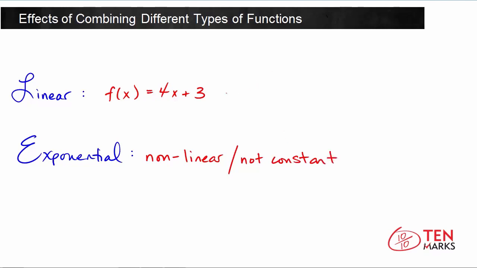Whereas with the linear equation, you have a constant rate of change. And when I write constant or not constant, it's with respect to the rate of change. So an example of an exponential function, it has the general form of f of x equals b to the x, but an actual concrete example would be the function f of x equals 2 to the power of x plus 4. So let's try a problem together.